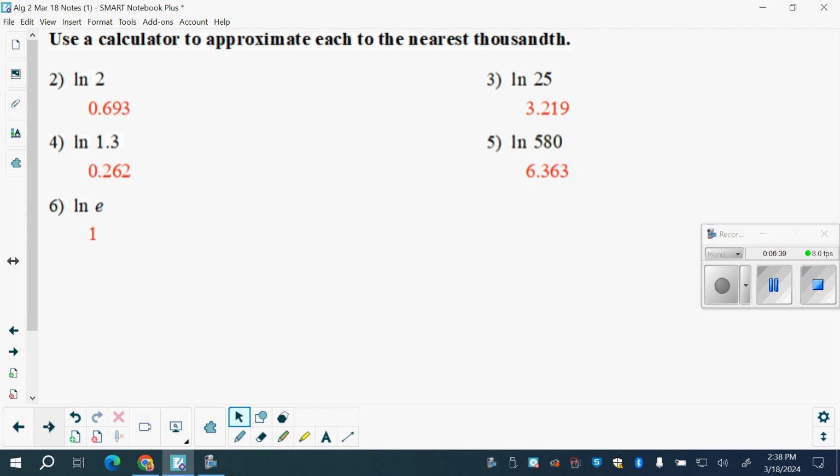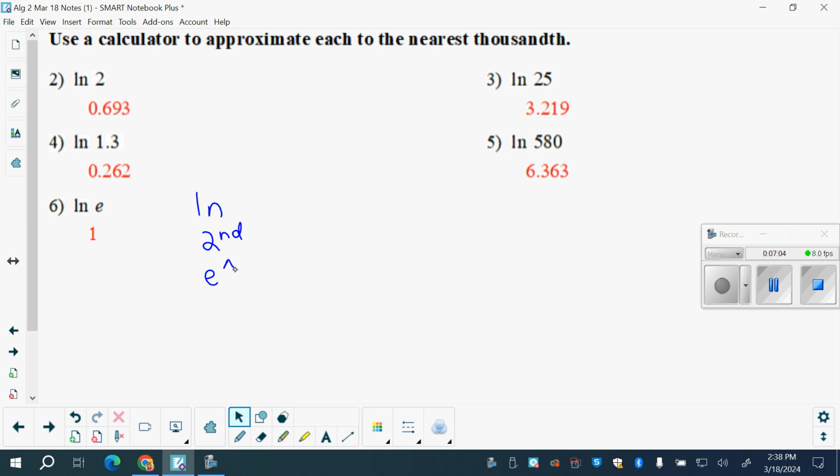Okay, so if we're doing number 6, on your calculator, you're going to do natural log. To find the e on the calculator, on say the blue calculators, you're going to do second, and then press the ln key again, because up above that is an e to the exponent.